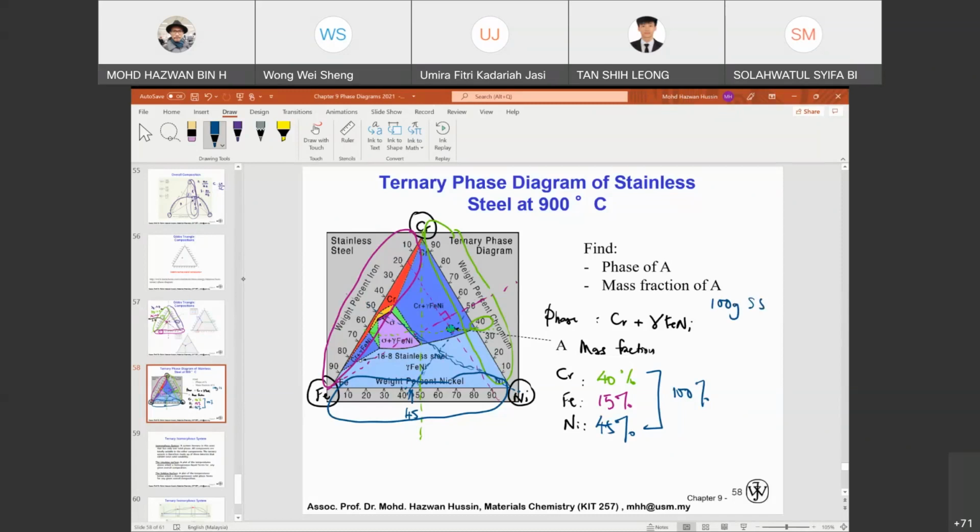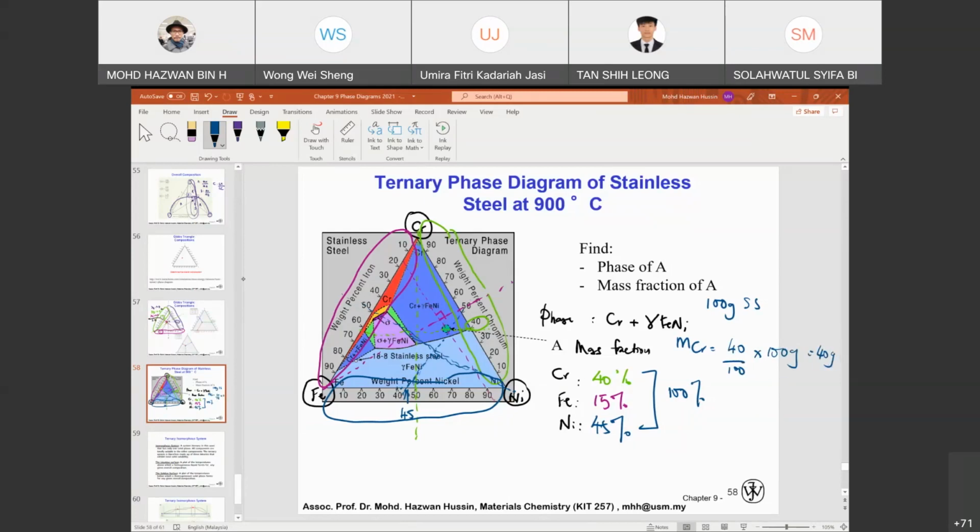If you already identify the mass fraction, like chromium is equal to 40%, you can calculate the weight fraction of chromium by just multiplying it with 100 grams. So you will get around 40 grams.